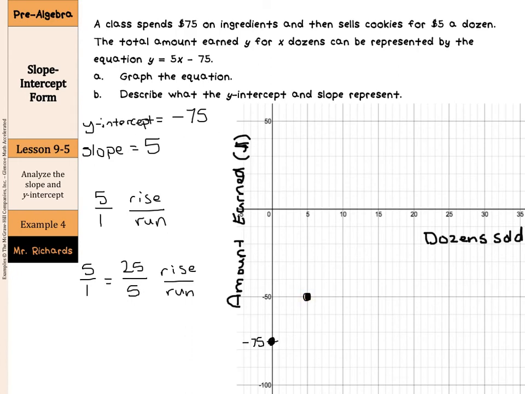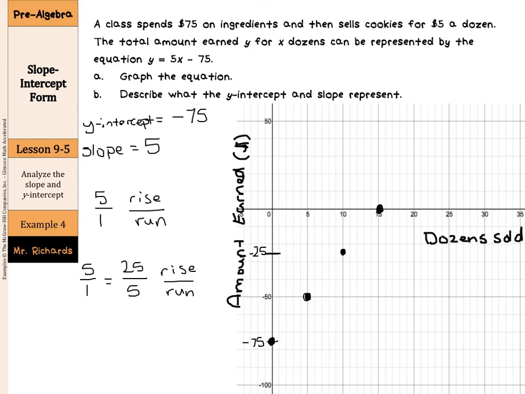Well, that would take us to negative 25 here, and then over 5 to 10. And if we went up 25, we'd be at our x-axis, and over 5 takes us to 15.